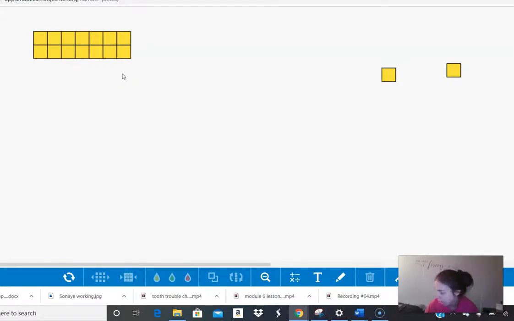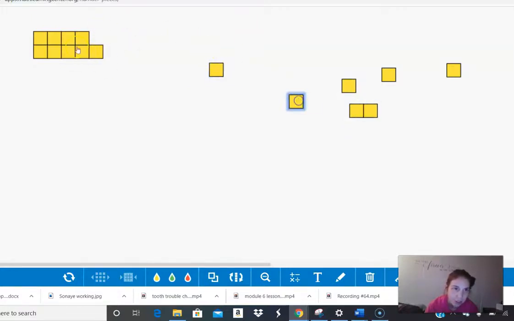So let's try 2 rows of 3. This is so exciting, isn't it? 2 rows of 3. And then we're going to leave plus 1 there, okay? So 2 rows of 3 plus 1 because we need an odd number. So we have a group of 7 here.